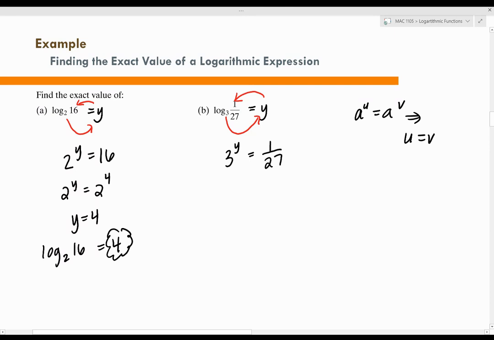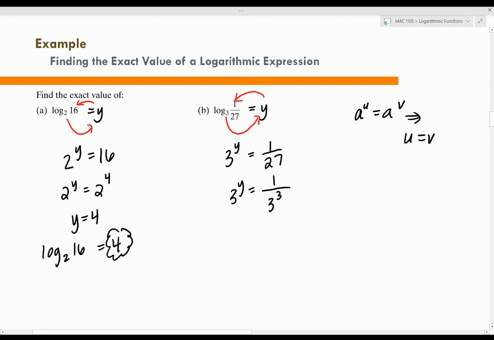We're going to use that rule again for solving exponential equations. We need the base to be the same on both sides of the equation. So the first thing I'm going to do is fix this 1 over 27. Is there a way that I can make 27 by raising some number to a power? I can. 3 raised to the 3rd power gives me 27.